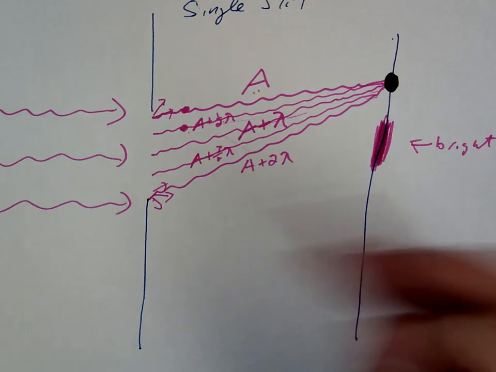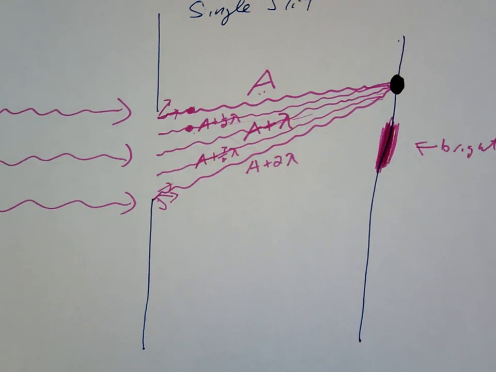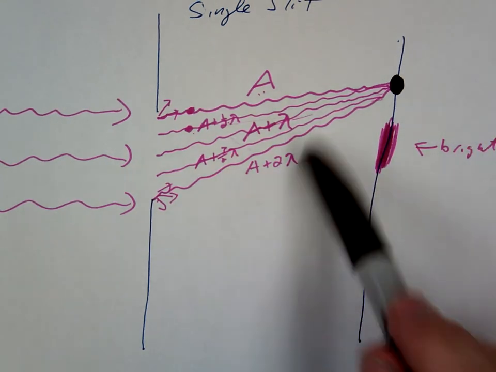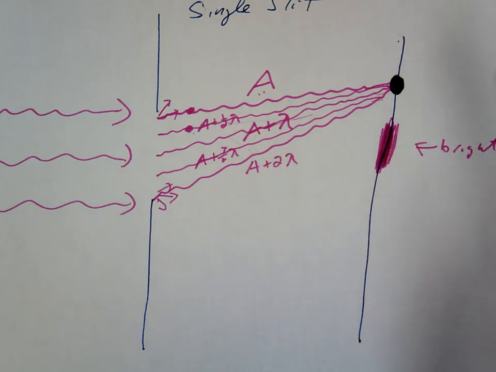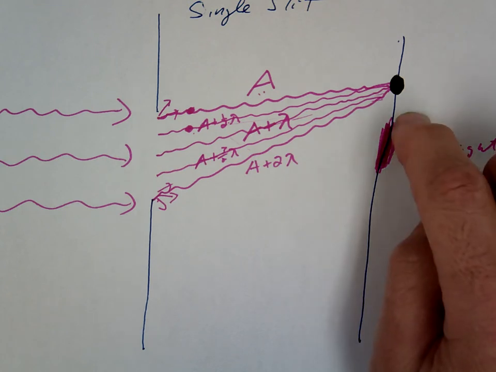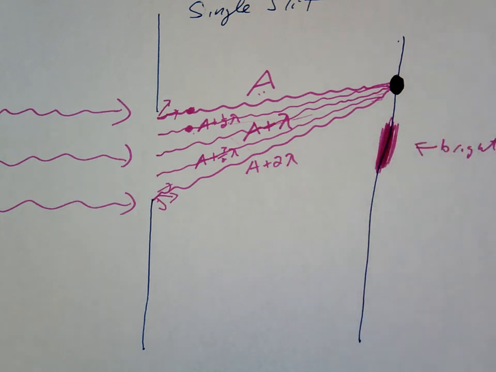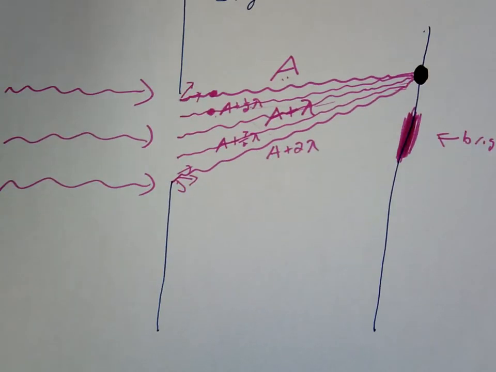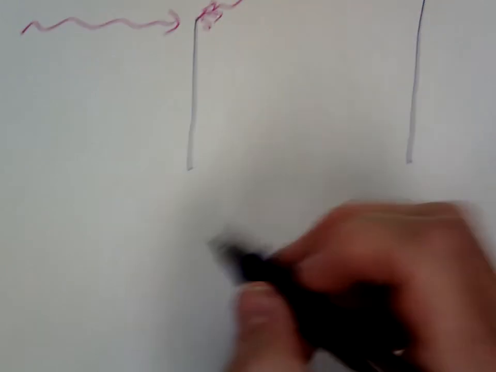Is there another one we could construct on the other side of the bright spot? What do you think the path difference is going to be that time? Same but negative, on the bottom.